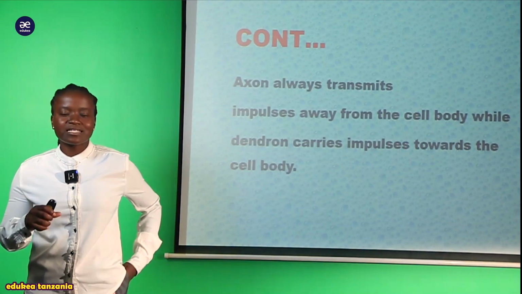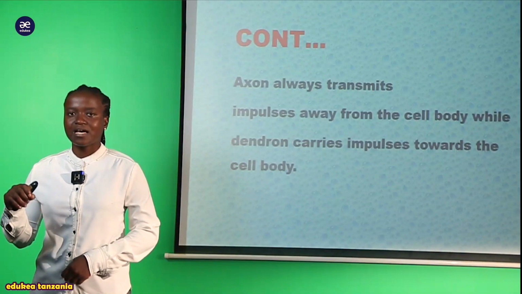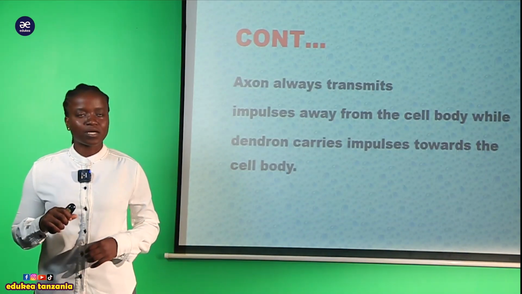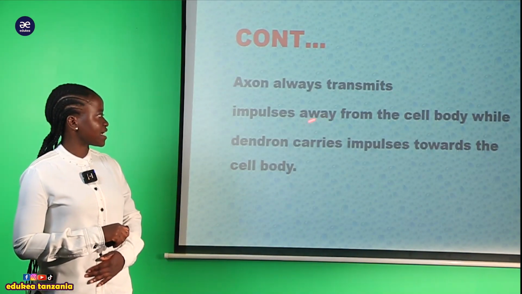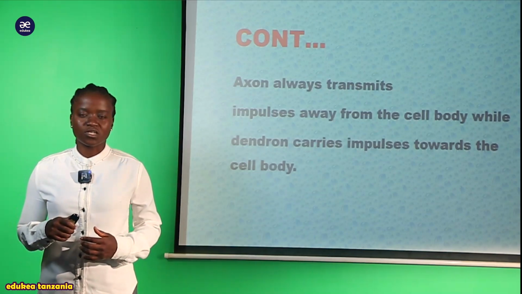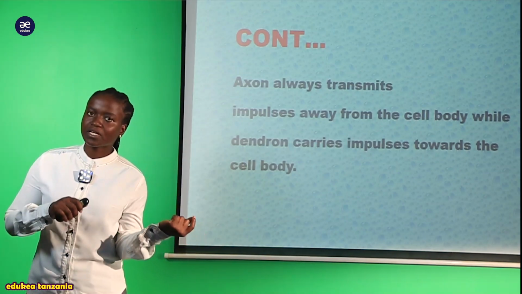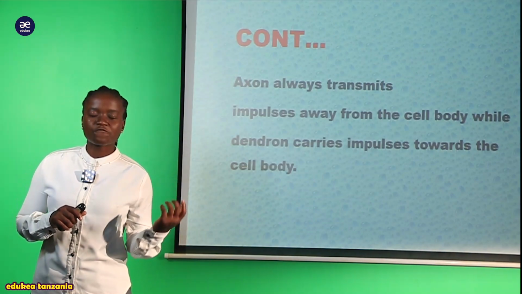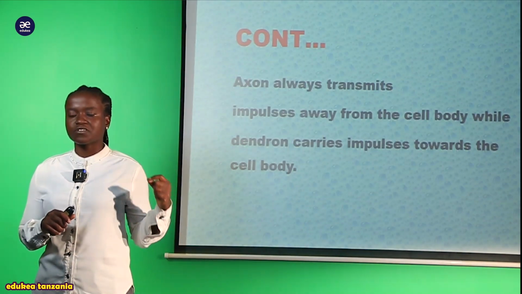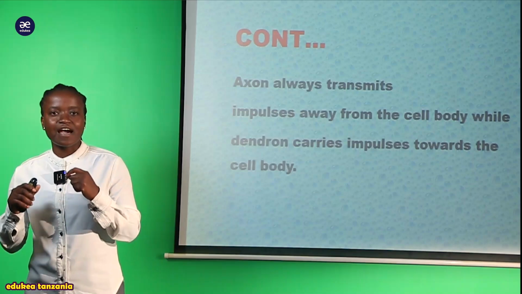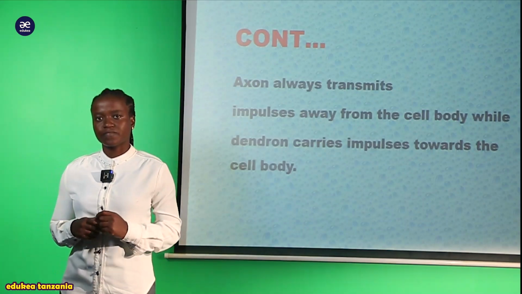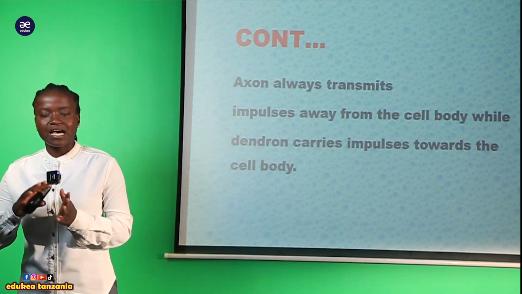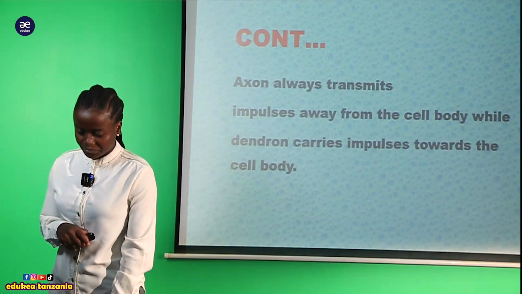Those are the functions of the axon and the dendrites, meaning that the axon works to transmit information from the cell body to the effector, but the dendrite works to take information from the central nervous system into the motor neurons, so that it can be transmitted into the effector.